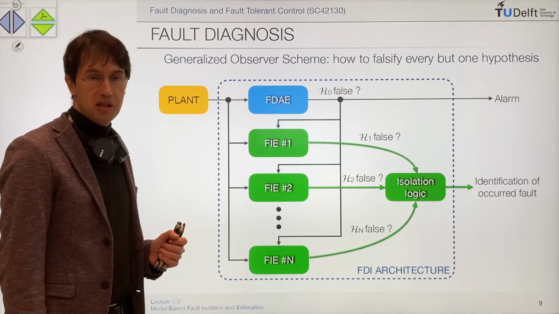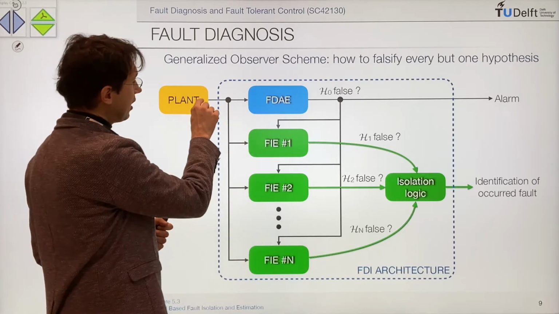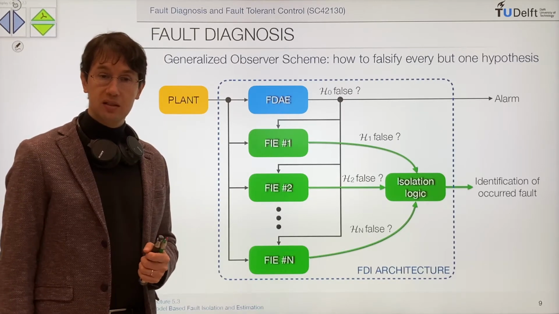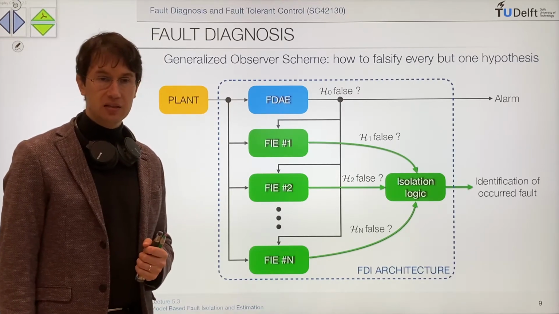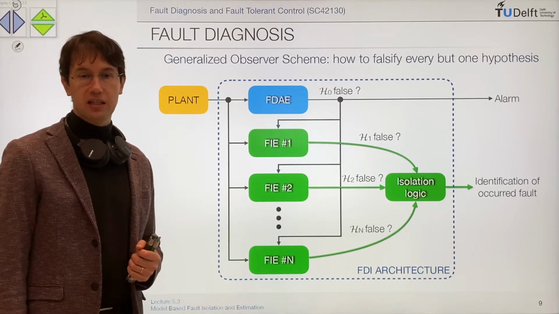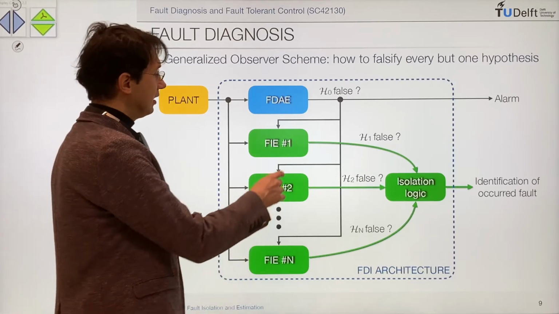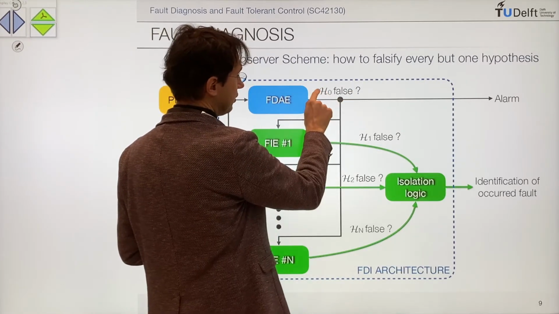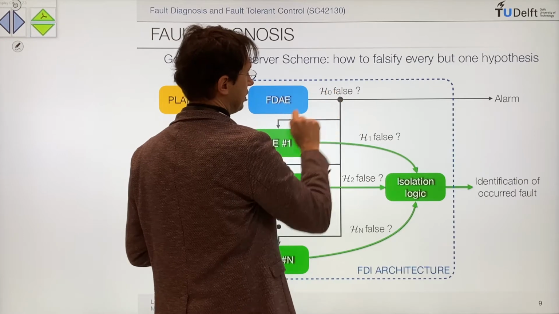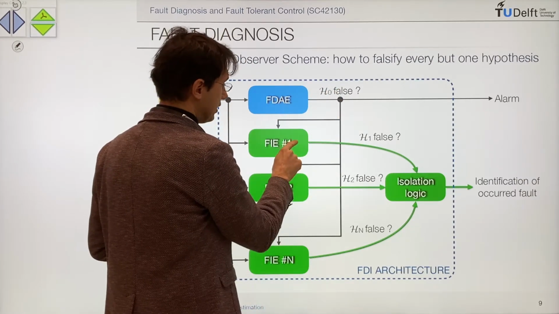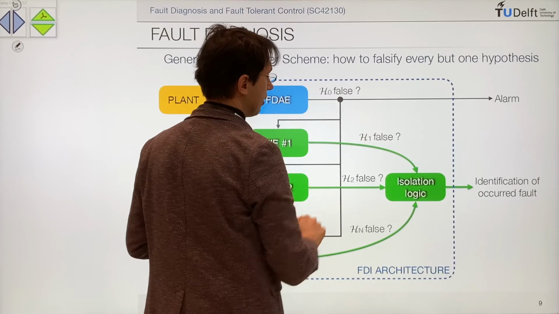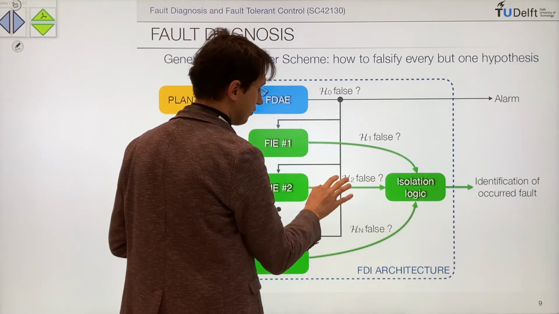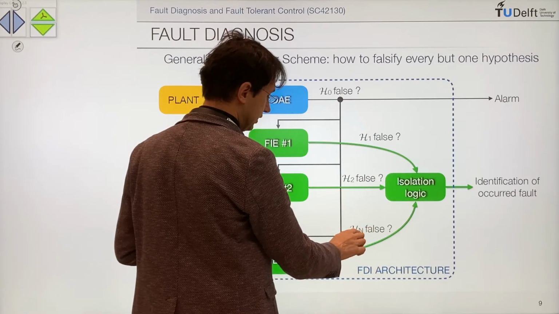All these observers are using the same data from the plant to compute residuals and thresholds and to evaluate their logical test. The output of each of these blocks is a yes or no to this kind of question: Is the null hypothesis false? Is the hypothesis of fault number 1 false? Is the hypothesis of fault number 2 false? And so on until the fault number n.